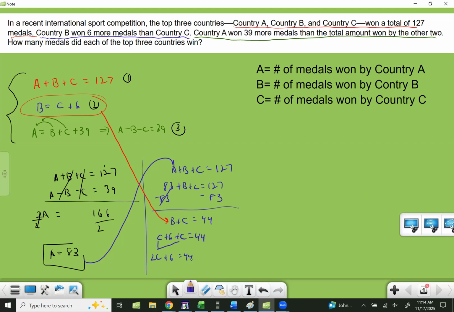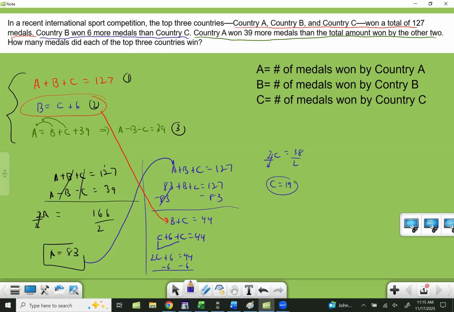So we're going to take away 6 from both sides. So 2C equals 38. And then if we divide by 2, we get that C equals 19.